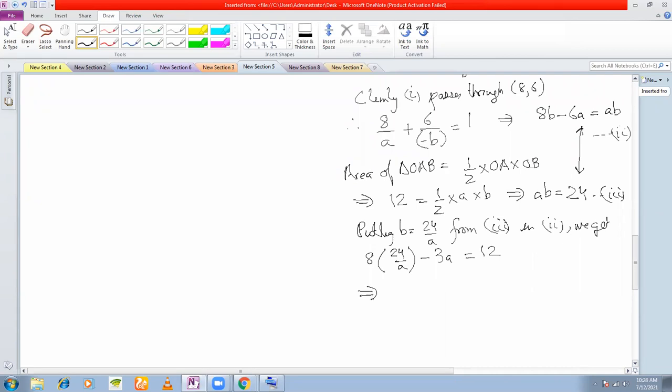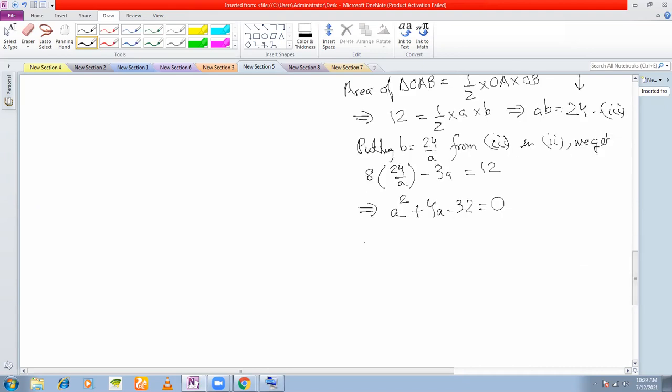Now you can take the LCM and simplify this. You will get the quadratic a square plus 4a minus 32 is equal to 0. To factorize this quadratic, you will get (a plus 8) into (a minus 4) is equal to 0. That means either a is equal to minus 8 or a is equal to 4.